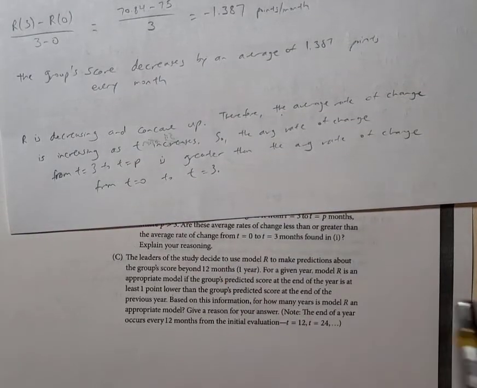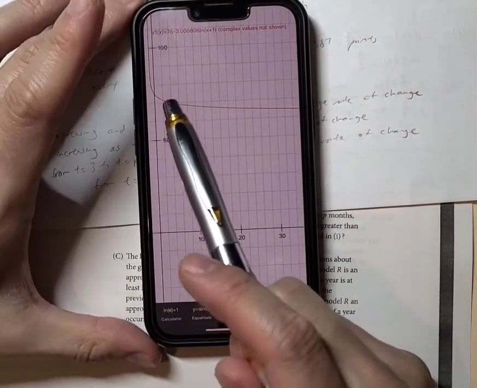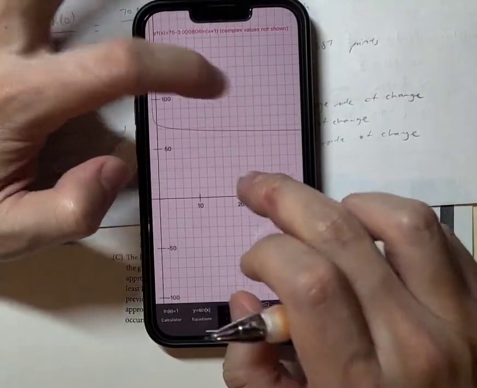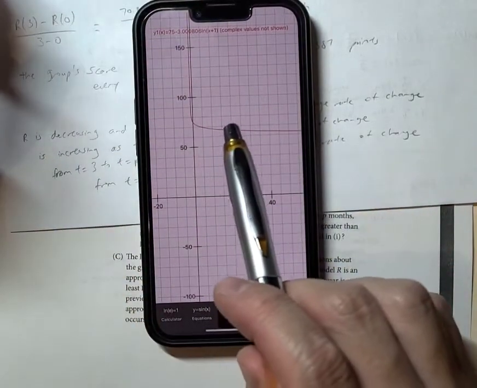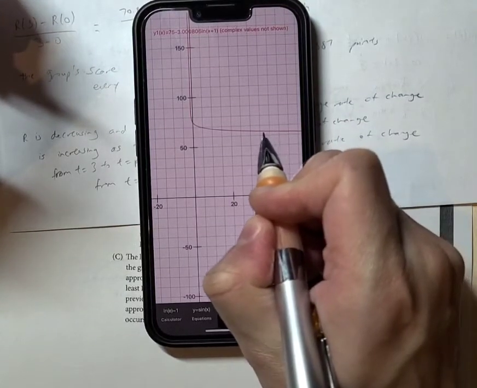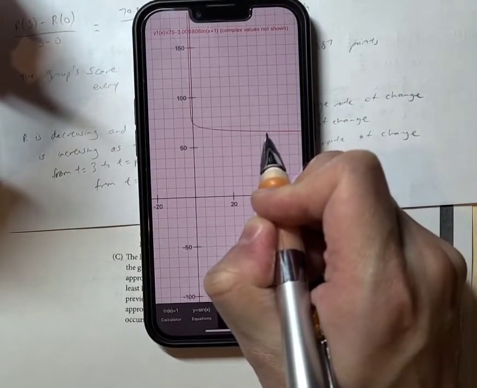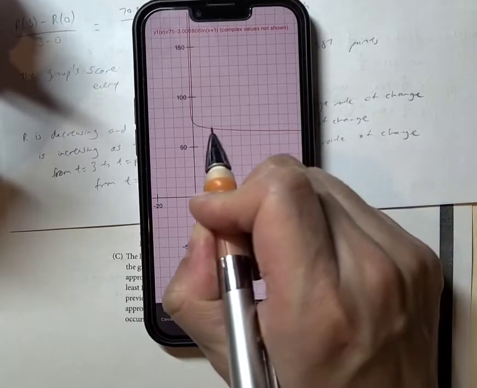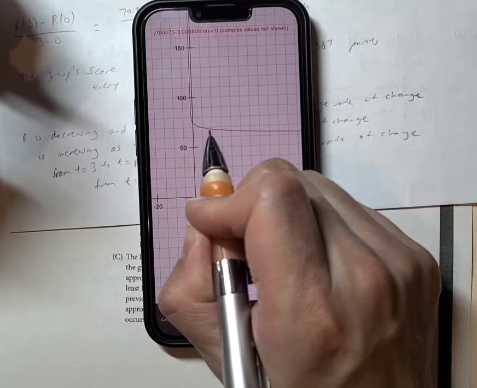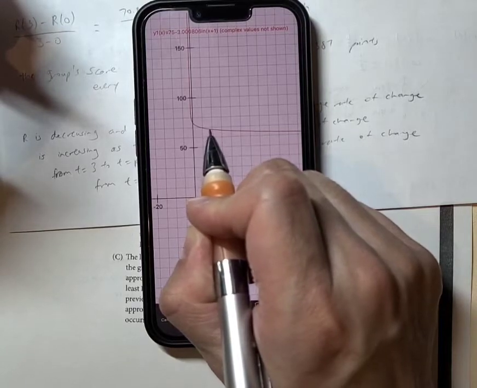And hopefully, once again, let me explain it. This is concave up, but decreasing. So the average rate of change, you can think of it as we take the difference between this point and this point. It's going to be some small negative number, right? Over here, for example, it's steeper, so it's going to be a bigger negative number.